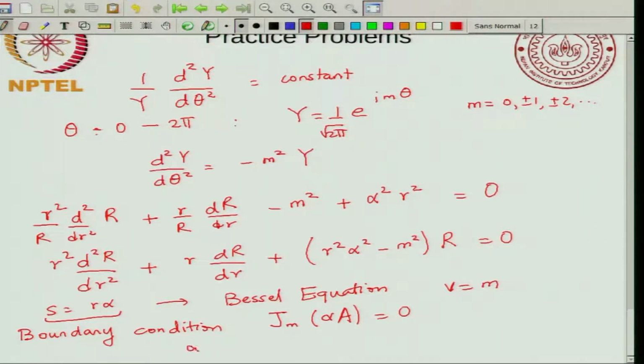That means alpha a should be a zero of the Bessel function. So this is how you solve the problems with circular boundary conditions. And indeed it is because the zeros appear at distinct points that you actually get the quantization of this particle on a circle.